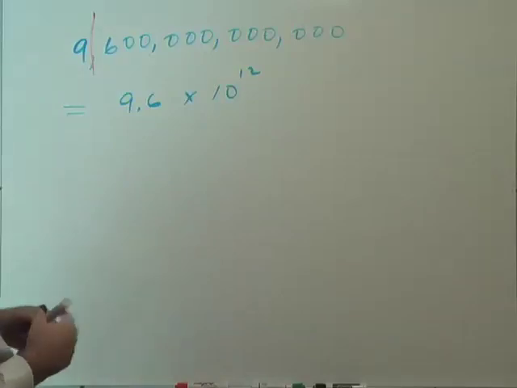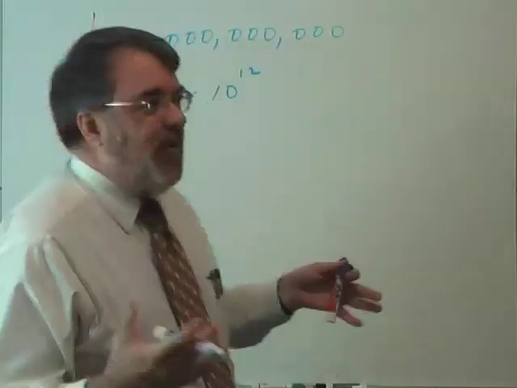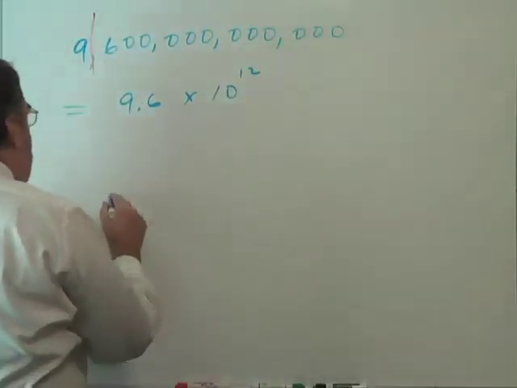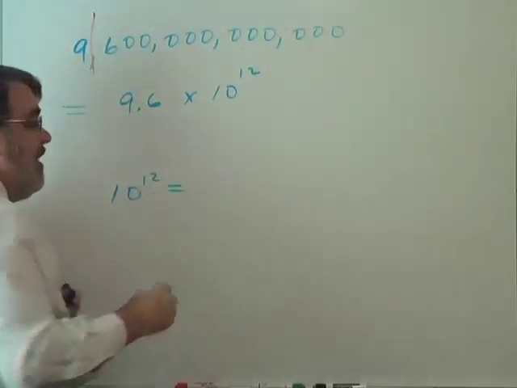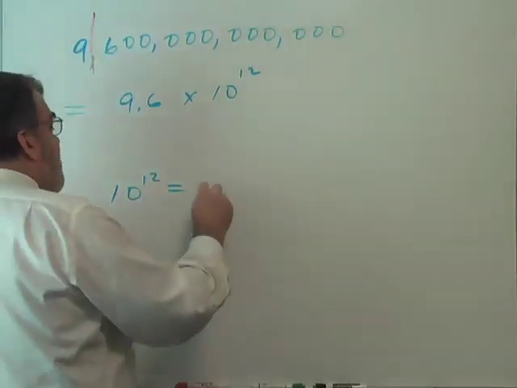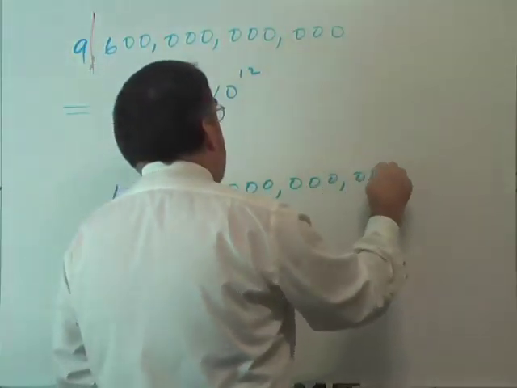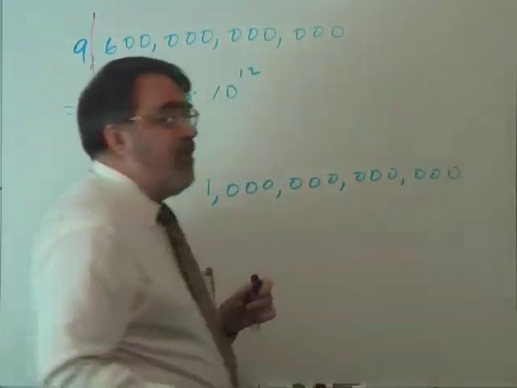All right. Now, it's not just notation. It works mathematically, because 10 to the 12th would be like multiplying 12 tens together. And if you did that, you would get 1 followed by 12 zeros, or 1 trillion.